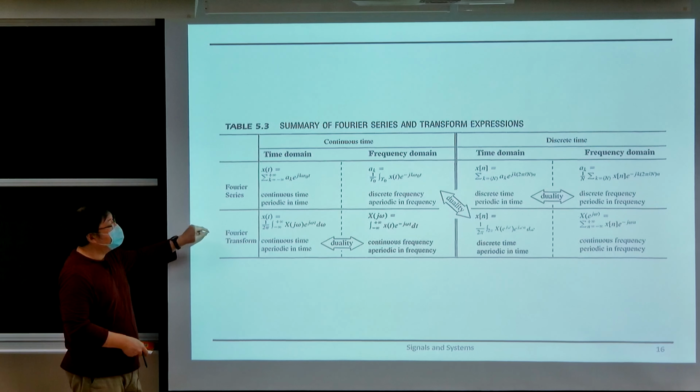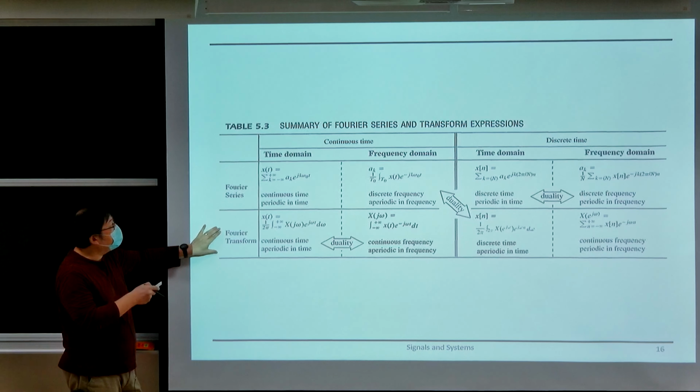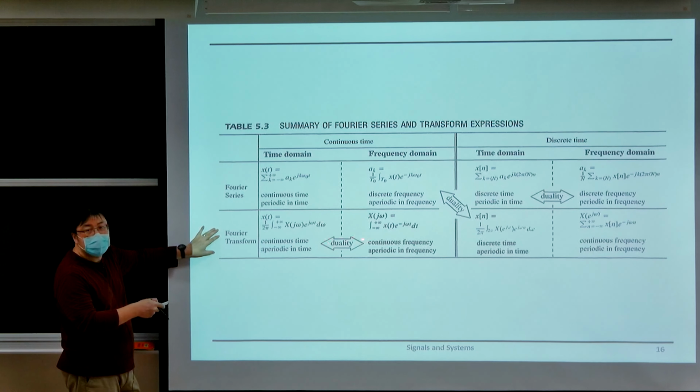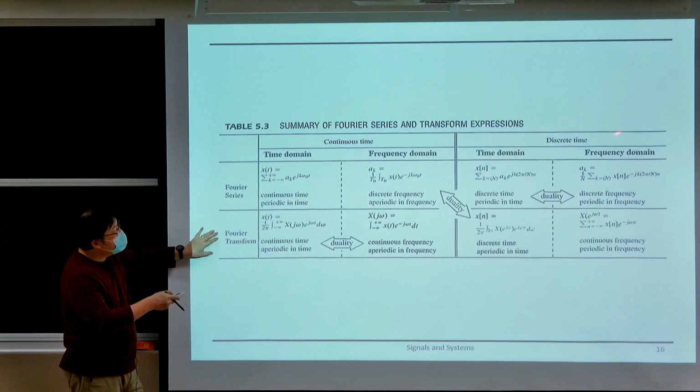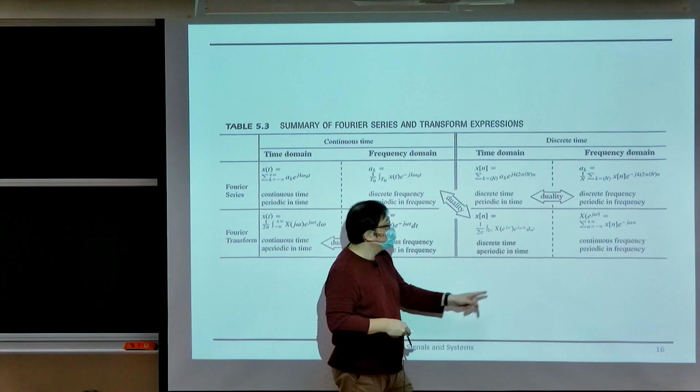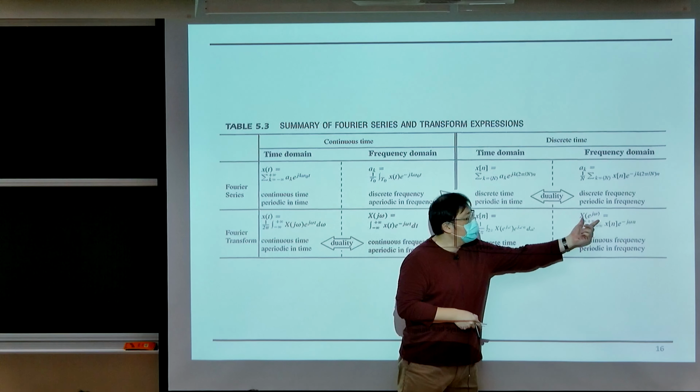Now we know from the previous chapter that the continuous time Fourier transform has a duality, okay? Now we just showed that the discrete time Fourier transform does not have a duality because you go from discrete time to a continuous spectrum.